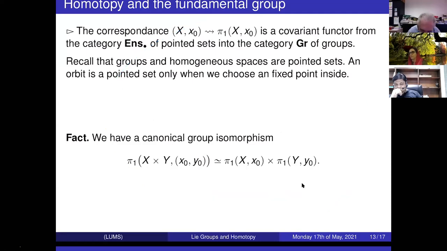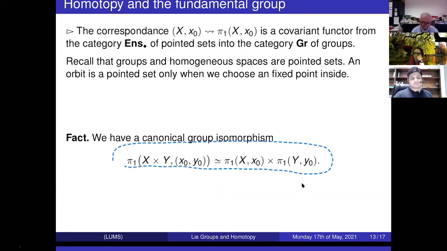Let me say something more about this. The fundamental group is multiplicative: if you take the product X times Y of two topological spaces, pointed at these points, it is the product of the two fundamental groups.